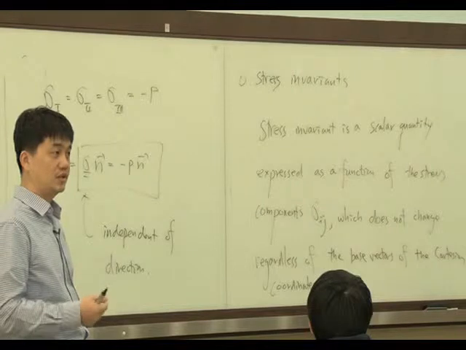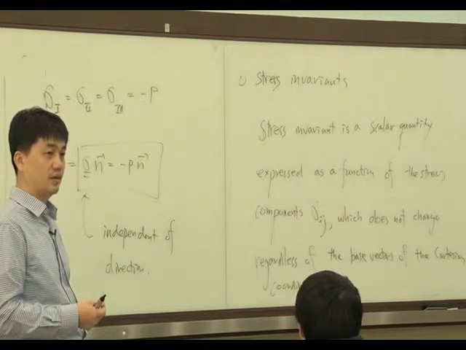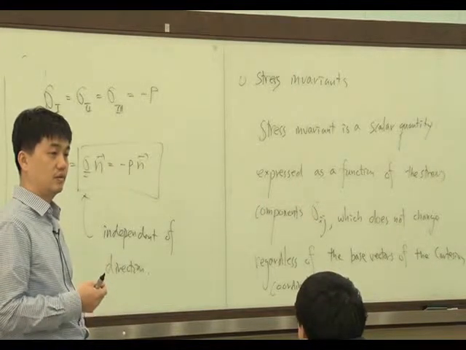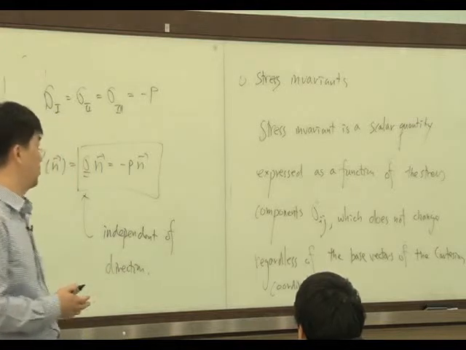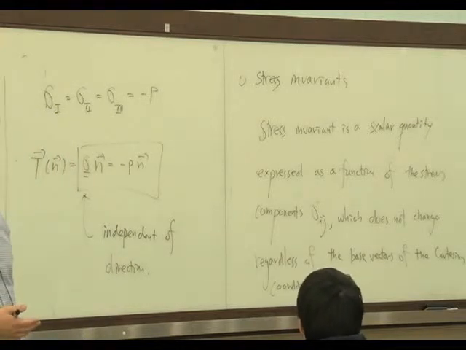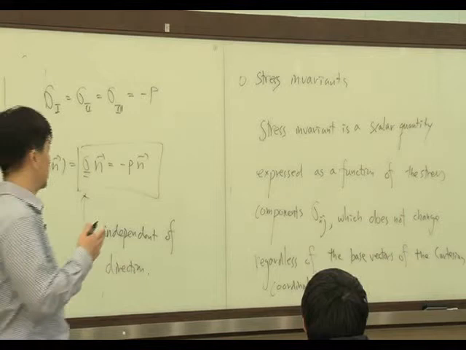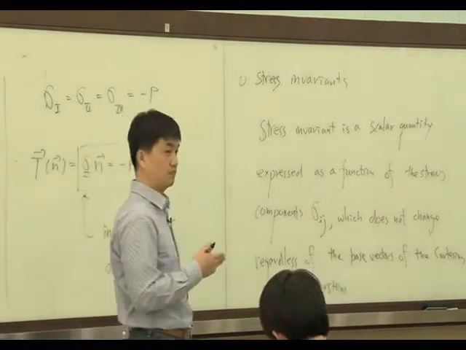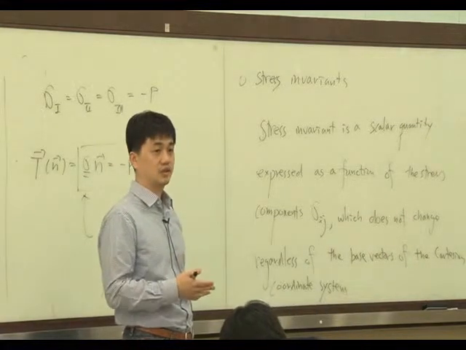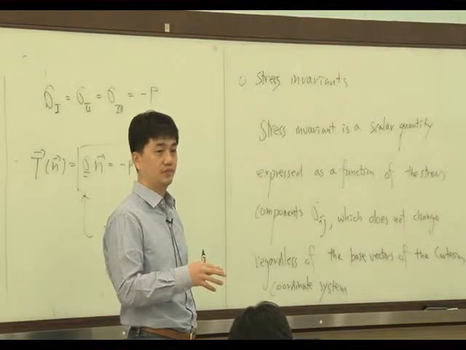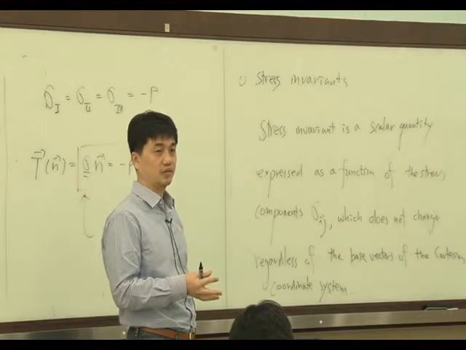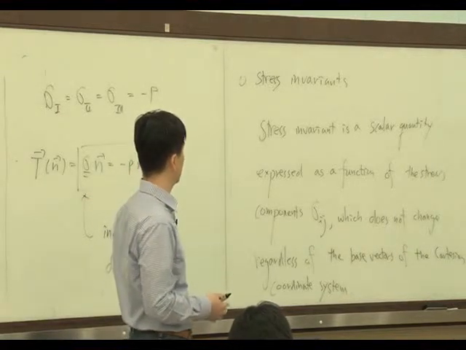So when we make some function which is based on the components of stress, that function's value doesn't change when we change the coordinate system. Then we can say this is a stress invariant.